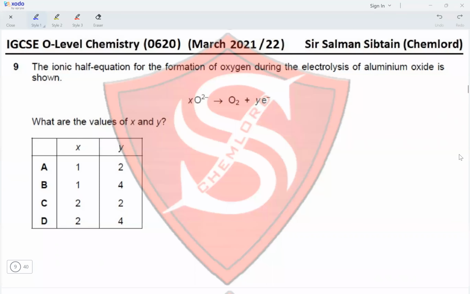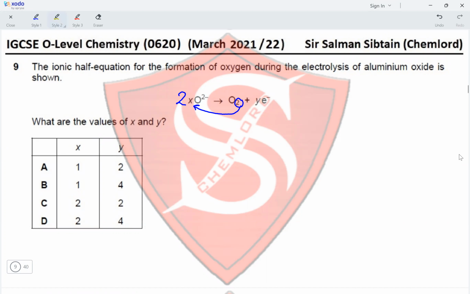Question 9. The ionic half equation for the formation of oxygen during the electrolysis of aluminum oxide is shown. X moles of O2- ions form O2 and Y moles of electrons. So, since we've got two oxygen atoms in the product, the value of X would be 2.